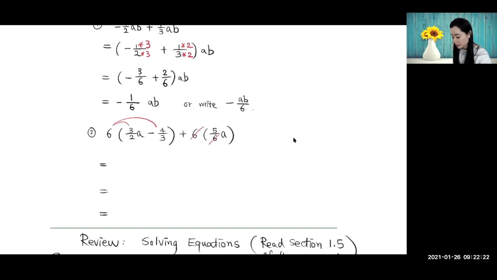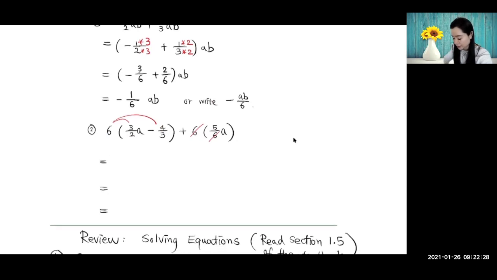Number 2, this one here, you need to distribute first. Distribute the 6, so you will have 6 times 3 over 2a minus 6 times 4 over 3, plus, over here, the 6 over 6 will divide out, leaving you with 5a.